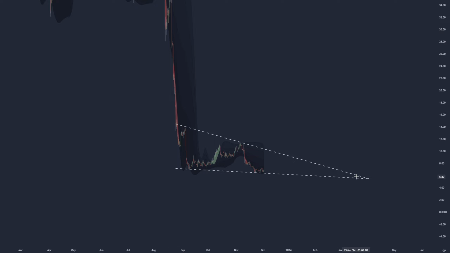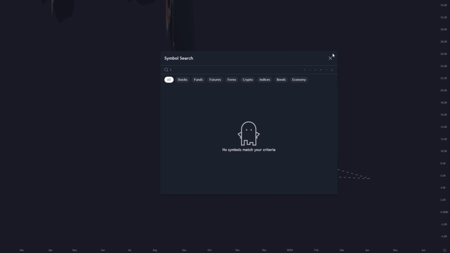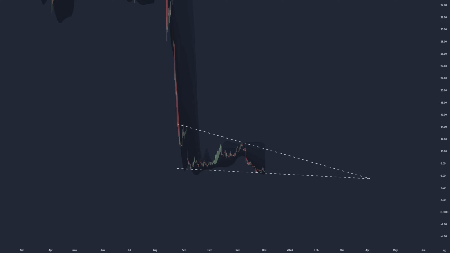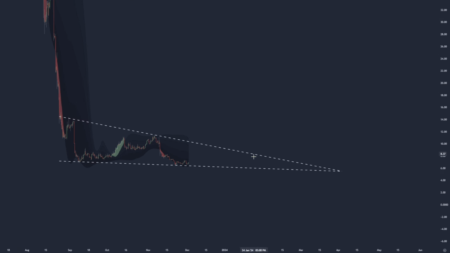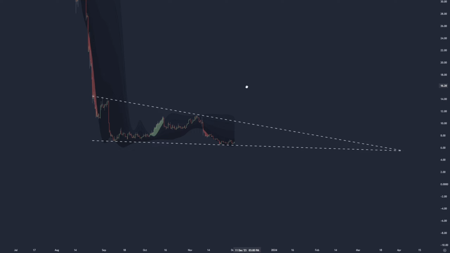So accumulation sucks. Again, I'm gonna keep saying that, because it does. There's ways to trade accumulation for sure, but here in the channel, we look at these volatility zones as the opportunity for potential upside or downside.